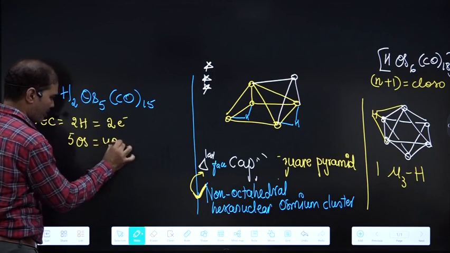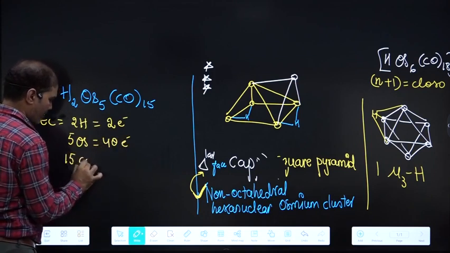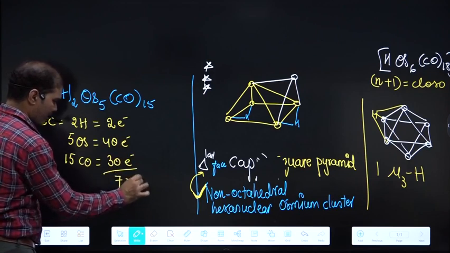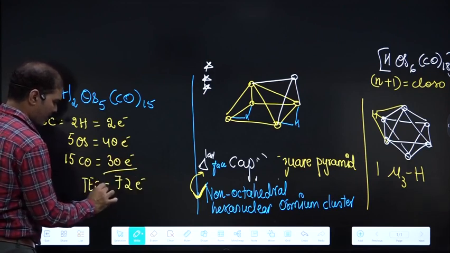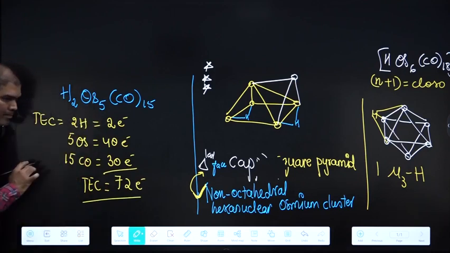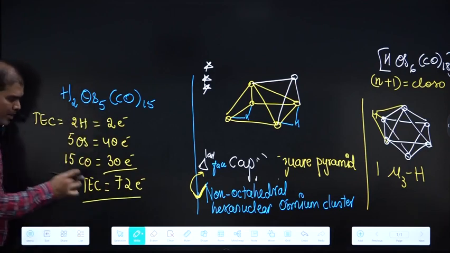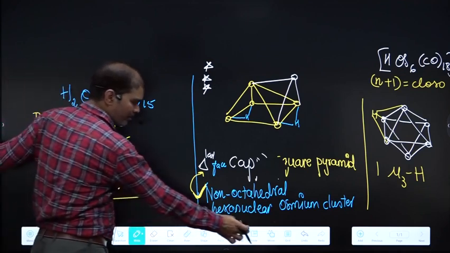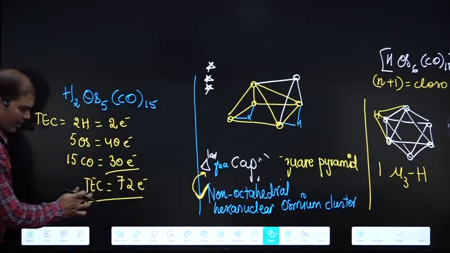This is 40 electrons. 15 carbonyls, 30 electrons. So I got a total electron count of 72. For how many metals? 5 metals. Whenever for 5 metals, if I get a total electron count of 72, what is the geometry predicted? TBP. The geometry has to be TBP.